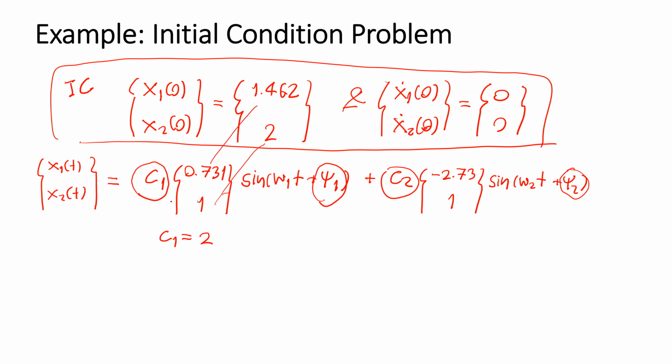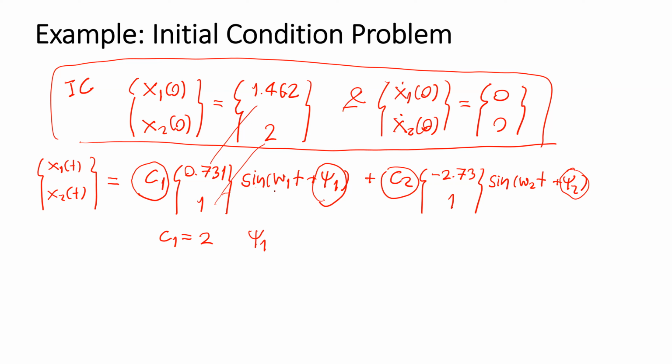so that the equation is matched to the initial condition. So what should be the phase shift at time t equal to 0?